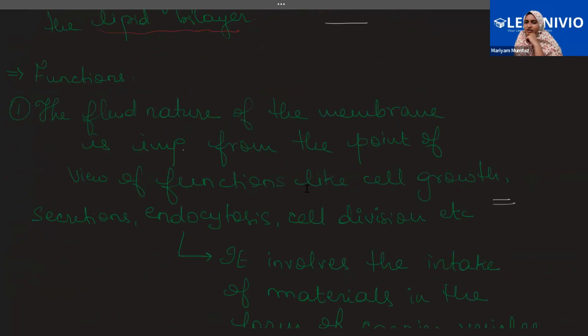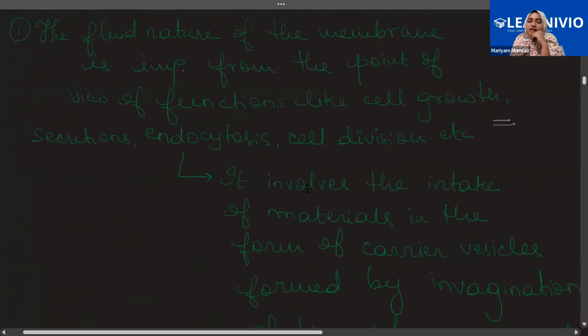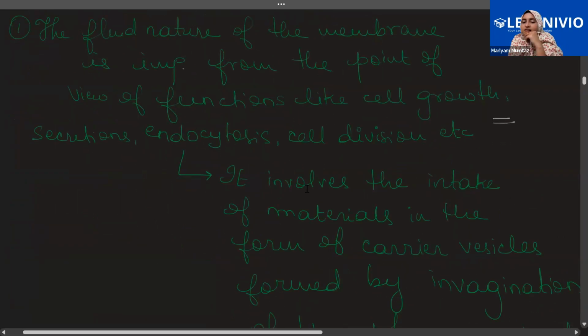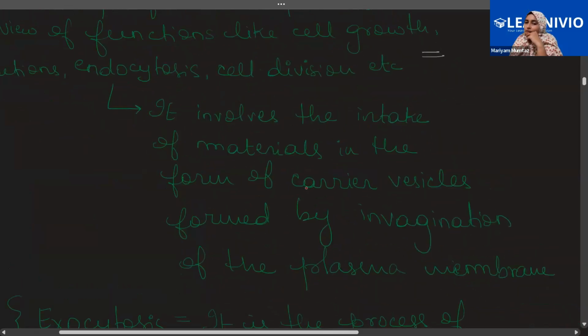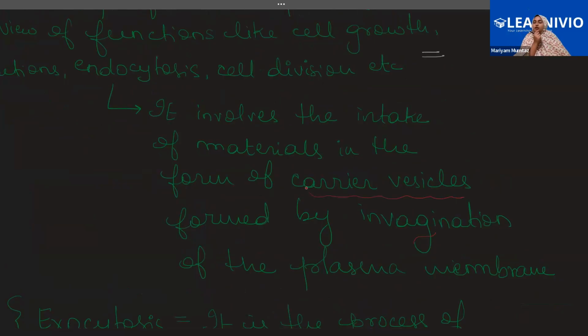Endocytosis means the intake of certain materials inside the cell. It involves the intake of materials in the form of carrier vesicles formed by invagination of the plasma membrane, meaning the plasma membrane deepens inward and forms a vesicle inside. So that is endocytosis.